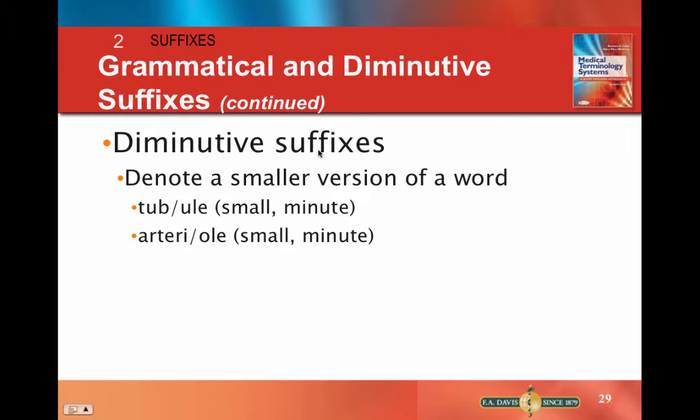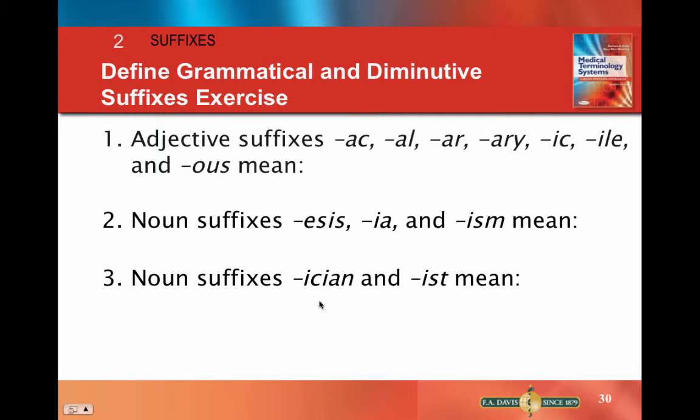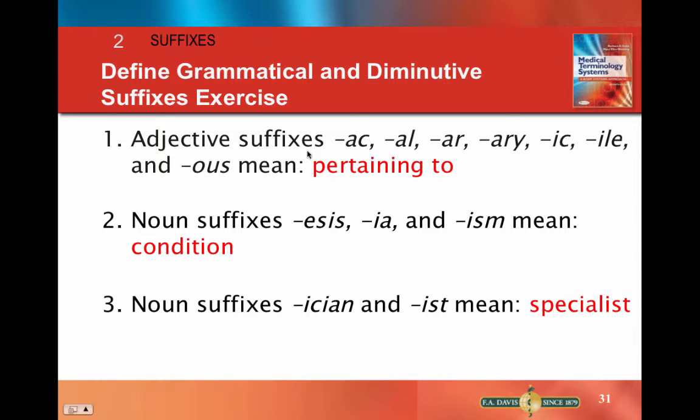Diminutive suffixes, remember diminutive means to make smaller. So tube, you add the ule, which makes tubule, which makes a small tube. Arteriole, which makes a small artery. Notice that all of these, ac, al, ar, ary, ic, ile, and ous, are adjectives, and they all mean pertaining to.